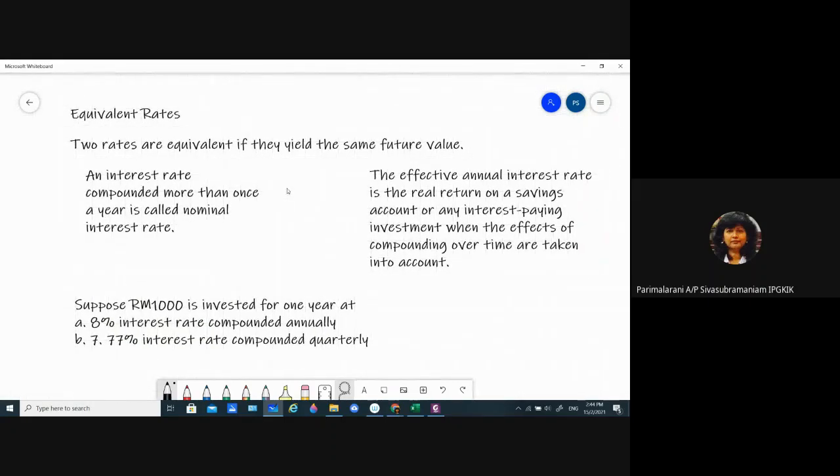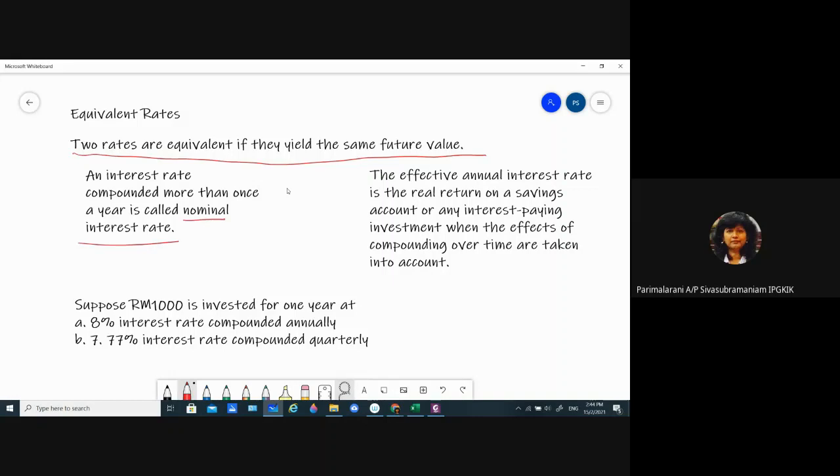Now we want to look at the rates. When we say rates, we're looking at the nominal interest rate. Two rates are equivalent if they yield the same future value. So if at the end of the investment period you get the same amount, that means the two rates used are the same. They are called equivalent. An interest rate compounded more than once a year is called a nominal interest rate.